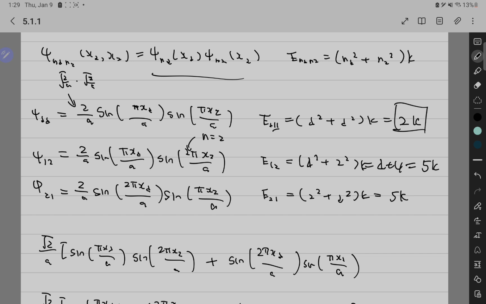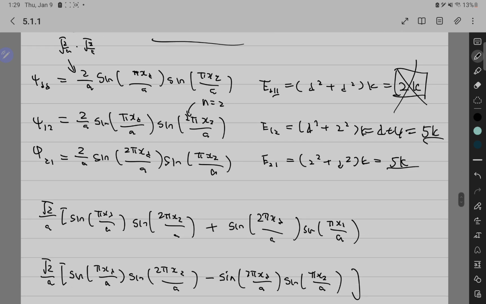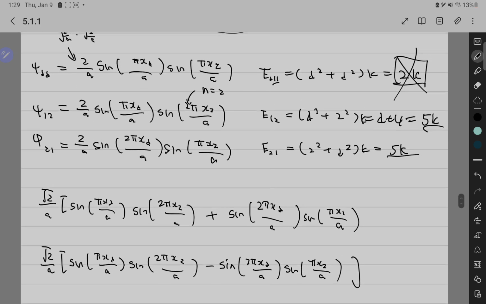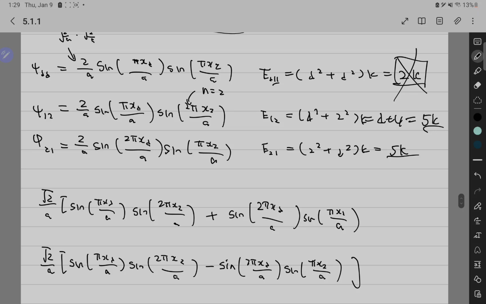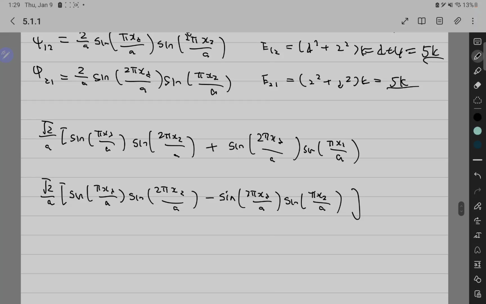So for fermions, you will never have 2k. It's always 5k for either 1, 2, or 2, 1. But that is not the case for bosons, because 2 bosons can occupy the same state. So 2k does exist for bosons, but not for fermions. And that is a pretty important implication of the Pauli exclusion principle.